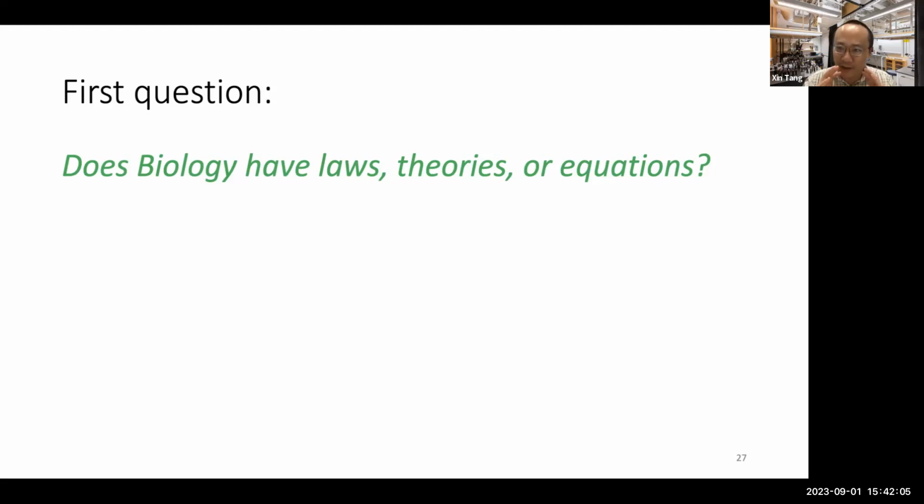I'm asking whether biological behavior can be described by a new equation. That equation is not a previous equation. We are not applying a previous equation to the biological entity. I'm saying that biological entity behavior, can it be described by a new equation?